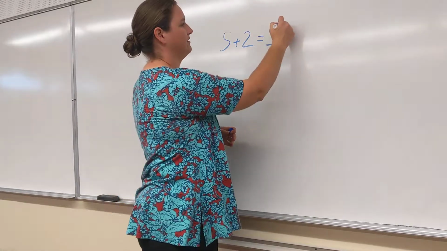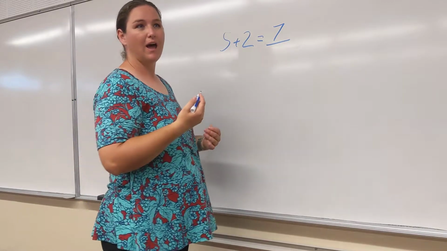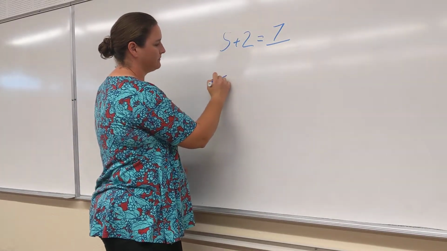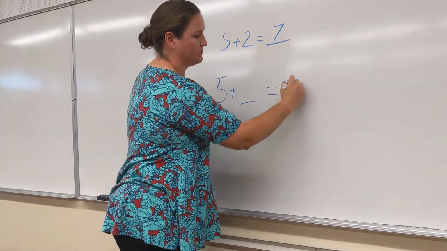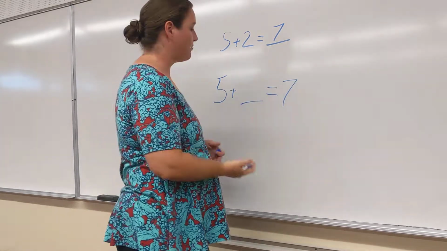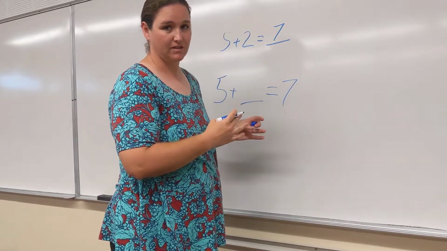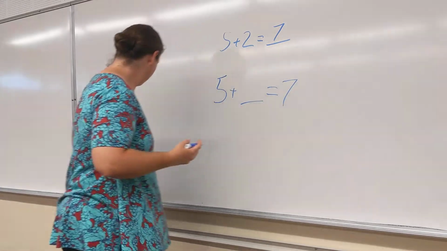Which is 7 by the way. But with algebra, it would be something more like 5 plus blank equals 7. And then you have to figure out what the number is. Now you probably have already been doing a lot of this, right? This is really easy.